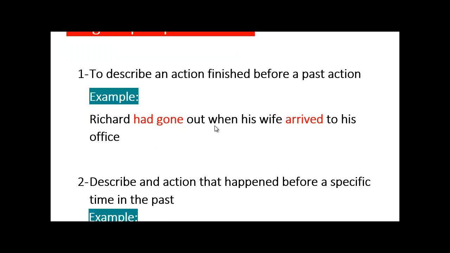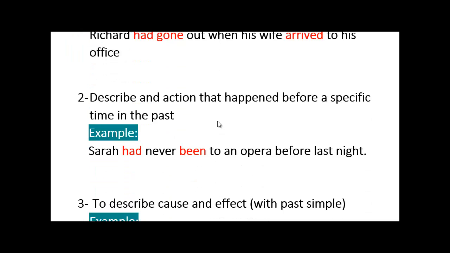Okay, good. The second condition, or the second situation, is to describe an action that happened before a specific time in the past. Before a specific time in the past. Sarah had never been to an opera before last night. Okay.